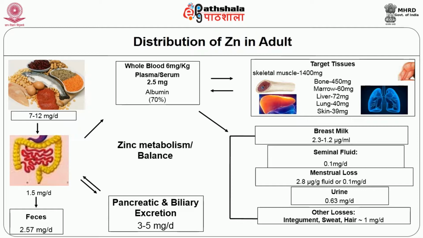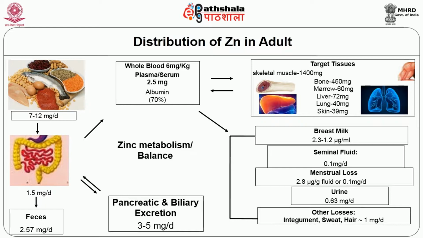Out of around 10 milligrams of zinc taken every day, about 1.5 milligrams is absorbed every day and distributed into various body tissues. About 2.5 milligrams is in circulation, and about 70% of the zinc that gets absorbed is bound to albumin in the circulation.